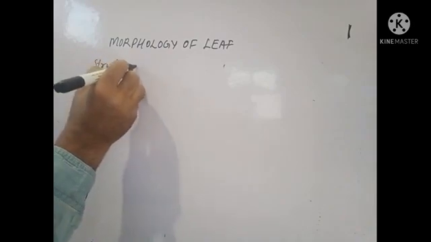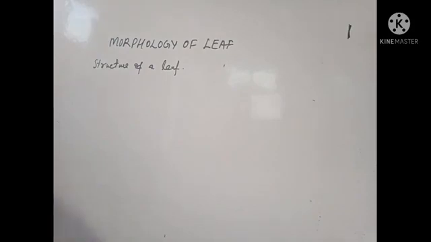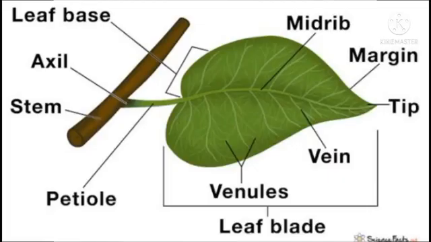Structure of a leaf. Leaf consists of number first, leaf base, number second, petiole, number third is lamina.